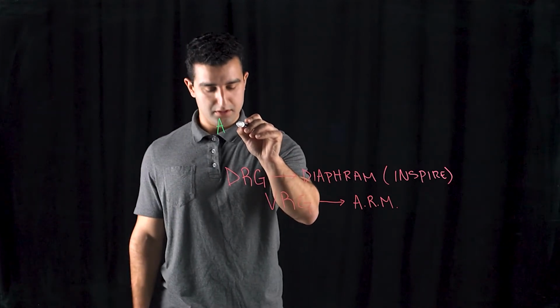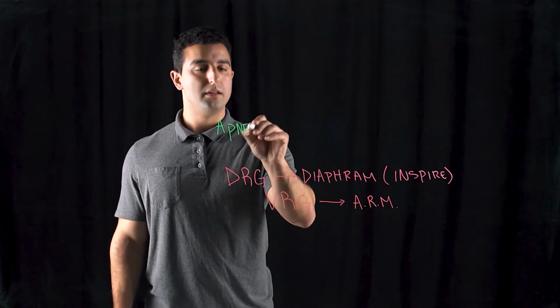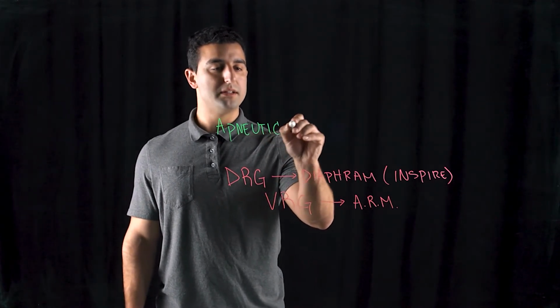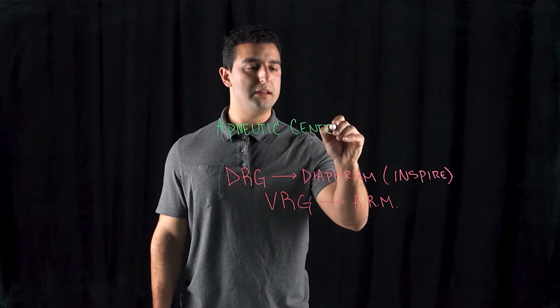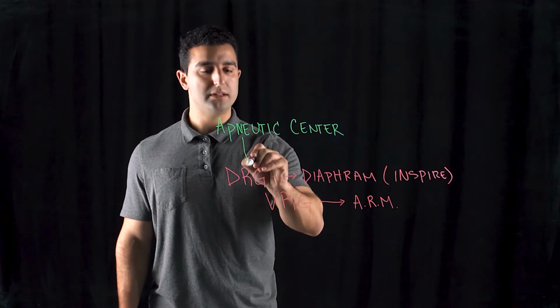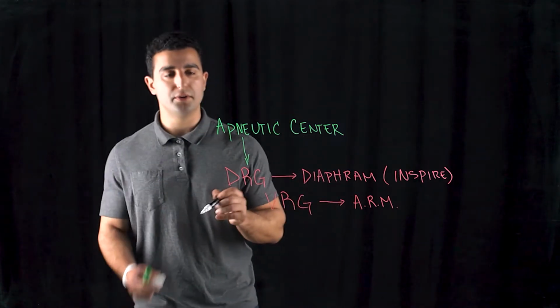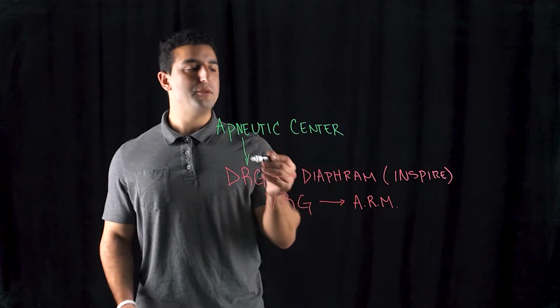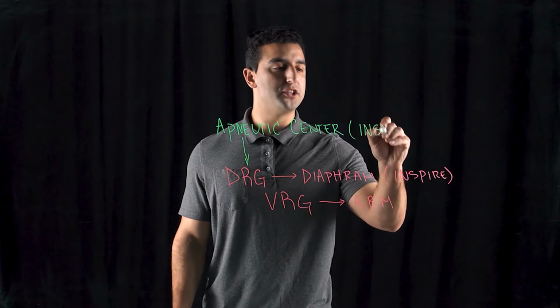First, the apneustic center. Let's not mess with the spelling. Everything here in the pons is in white. The apneustic center stimulates the dorsal respiratory group, so it is responsible for inspiration when it's stimulated.